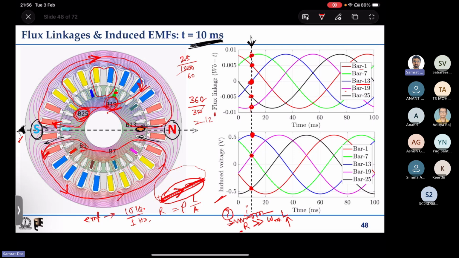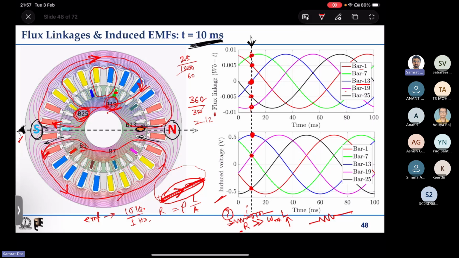So at very low frequency the resistance actually dominates. Each bar can simply be represented as a resistance when the rotor speed is very close to the synchronous speed, that is, when the frequency of the induced EMF is very low.